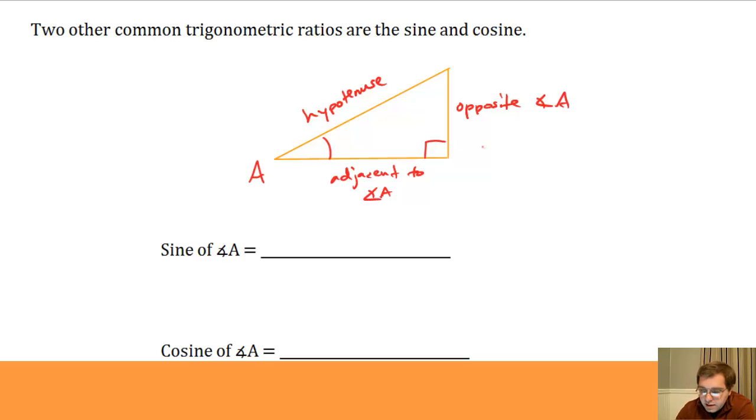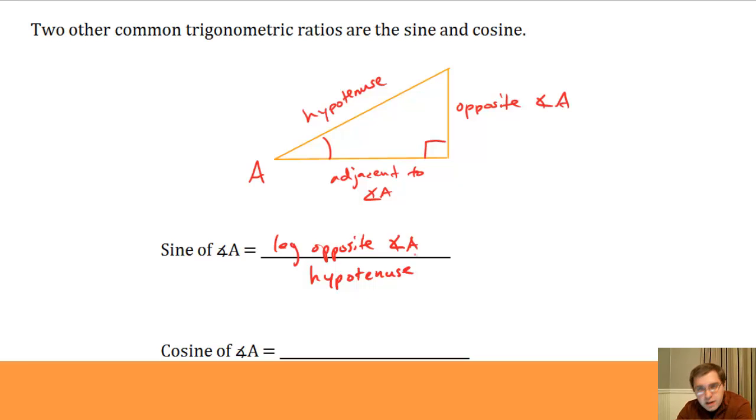So the sine of angle A uses one of the legs and the hypotenuse. So which leg does it use? The sine uses the leg opposite angle A. So the sine of angle A is the leg opposite angle A divided by the hypotenuse.